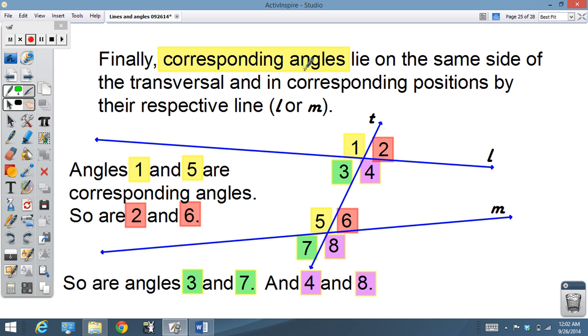So 1 and 5, both being on the top left of their respective crosses there. 1 and 5 are corresponding, as are 2 and 6, 3 and 7, and 4 and 8. So we have four pairs of corresponding angles formed by this configuration.